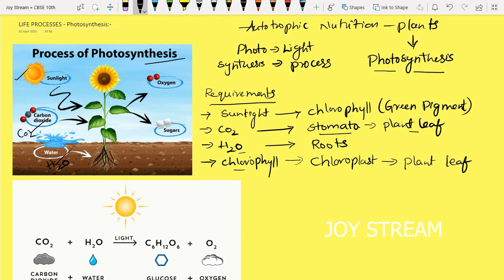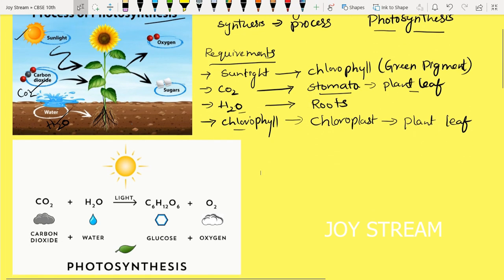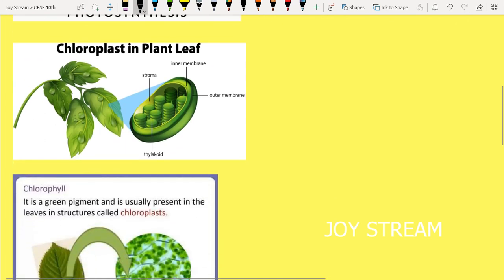Then chlorophyll. Chlorophyll is present in the chloroplast. I will show you some pictures. See, this is chloroplast. When we cut the leaf in the transverse section, in the microscopic view, we notice the presence of chloroplast in the leaves.